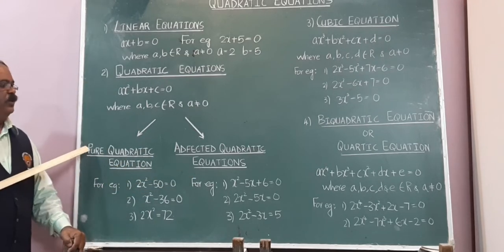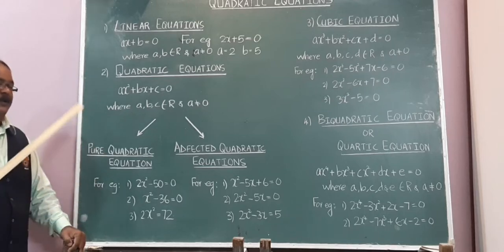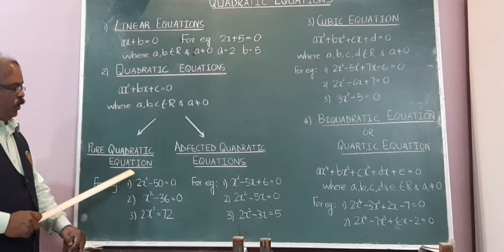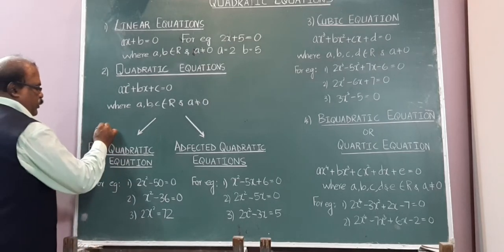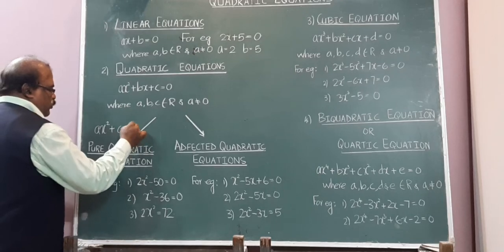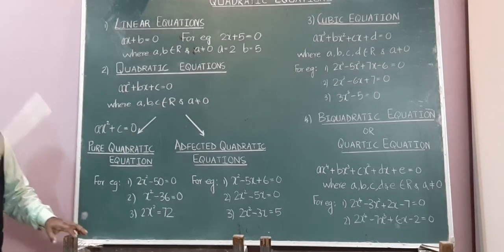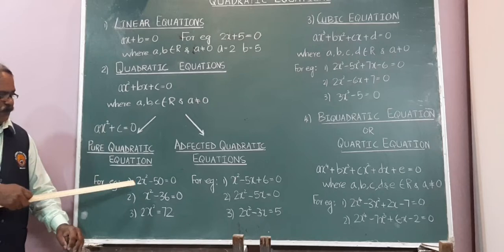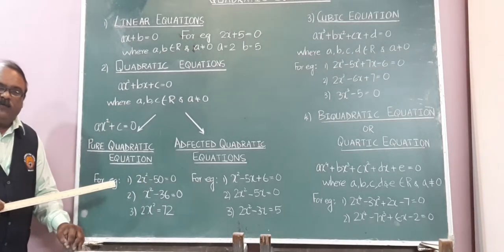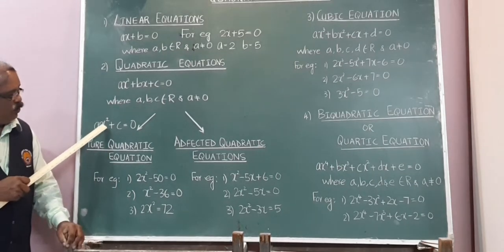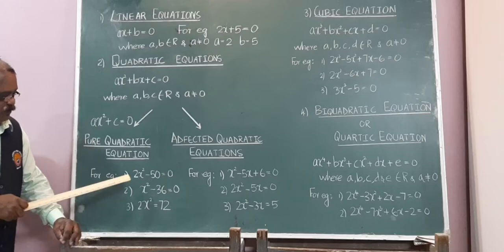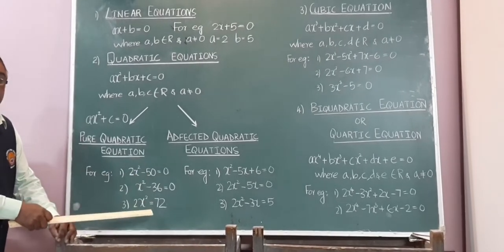It is an equation of the form ax square plus c is equal to 0. Remember, the highest power of the variable x is 2. In a pure quadratic equation, the variable lies only in the second degree but not in the first degree. So you see only x square term but no x term.